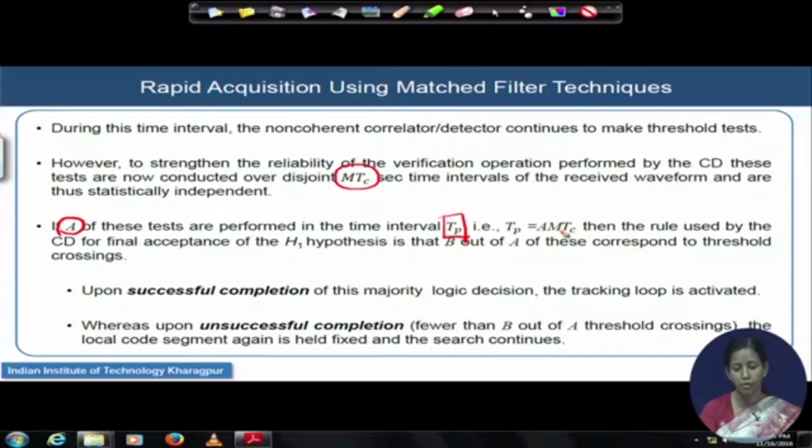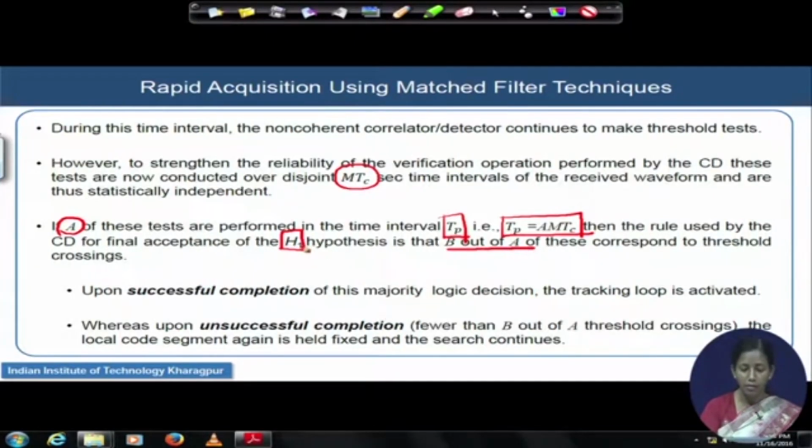So A times m times TC will be the observation interval. Then the rule used inside the CD for final acceptance of the H1 hypothesis, that there is a hit, is that B out of A of these correspond to a threshold crossing.